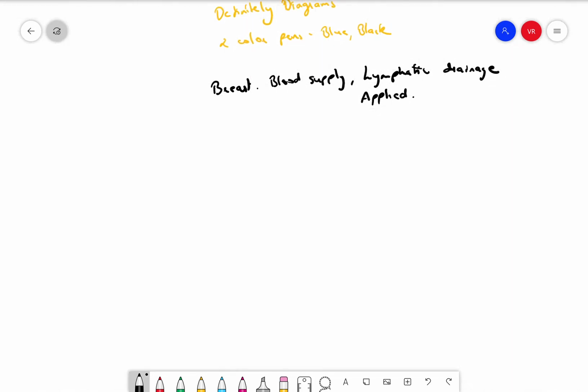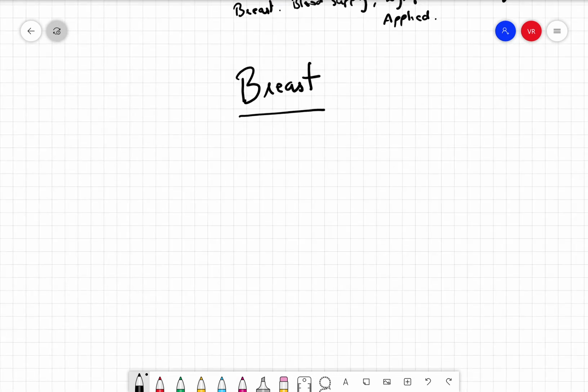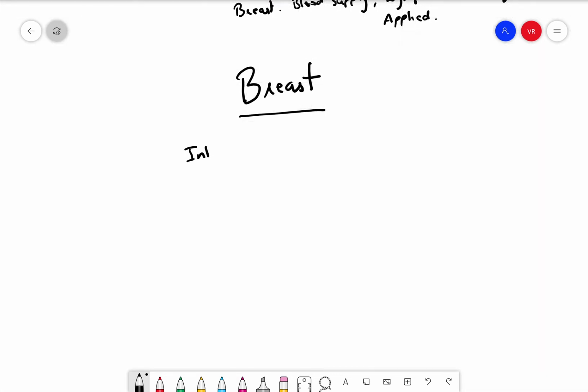So first of all, on your first page, you write in huge font breast, and then put in your index page. So I will write introduction, then location, shape, and extent. So all of that would be one small introduction to that.